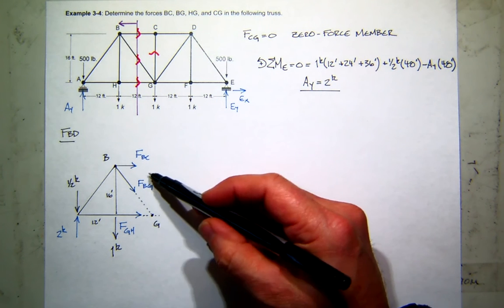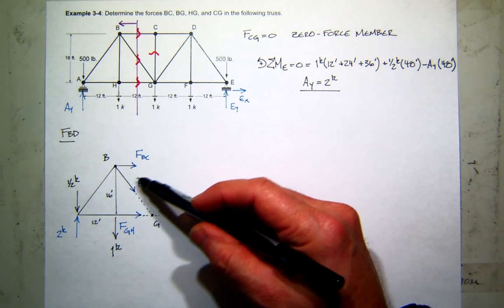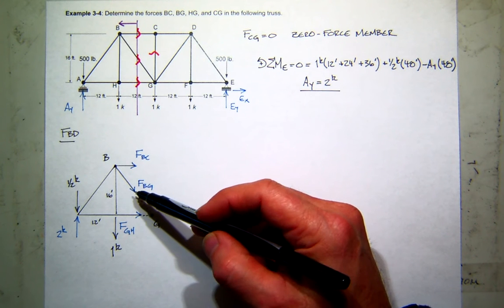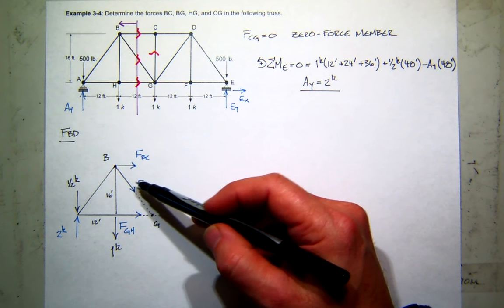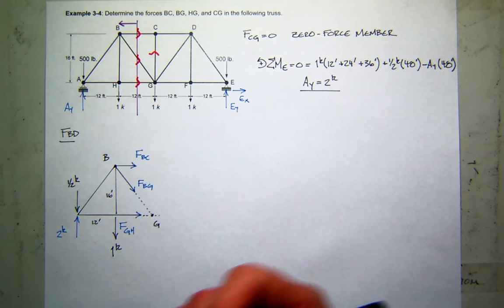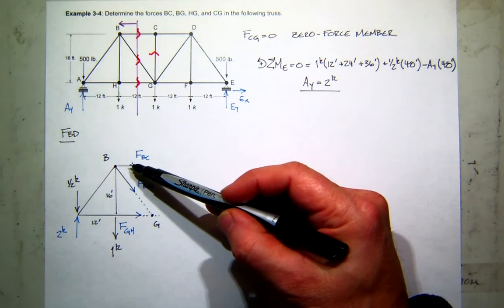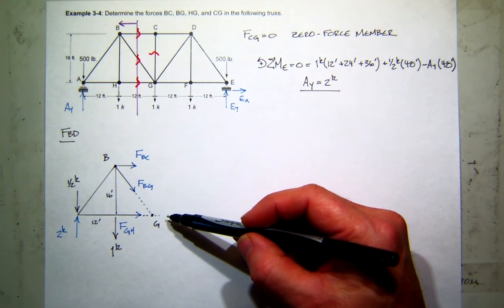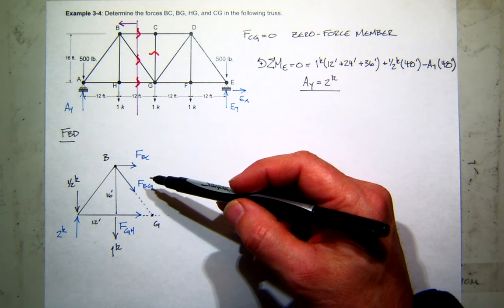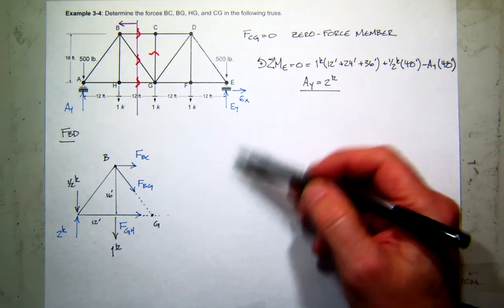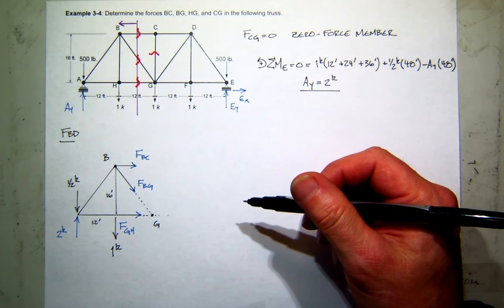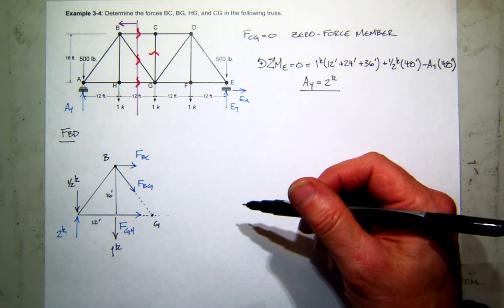And then we're left with this guy here in the middle. And just like our example problem previously, of the 3 unknowns, it's the only one with a Y component. So we're going to sum moments at B, sum moments at G, sum forces in the Y. And in each case, we're going to get one equation, one unknown, and I can write those in any order I want. Doesn't matter which one I do.